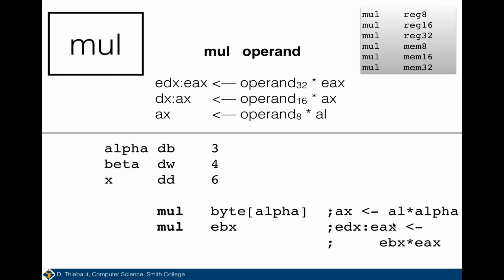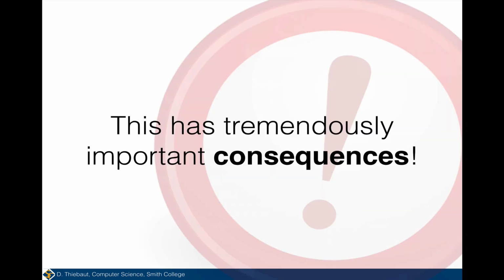The lower part is going to go in EAX, the upper part in EDX. That's how I write it, EDX colon EAX. I'm specifying that this is a 64-bit value, and the lower part is EAX, the upper part is EDX. Okay, it's a little tricky, but it's also explained in the online resource.